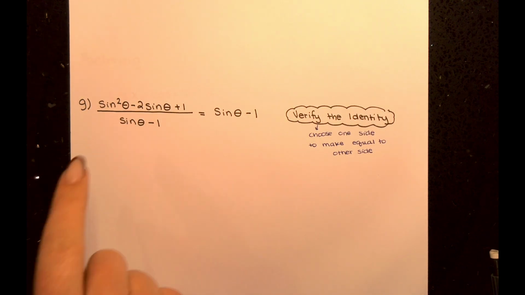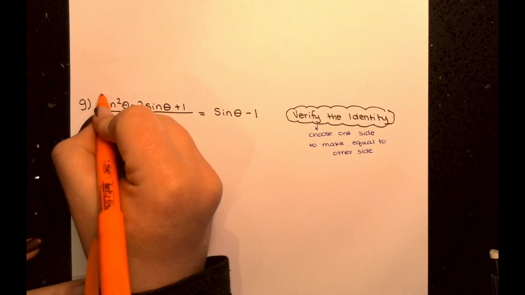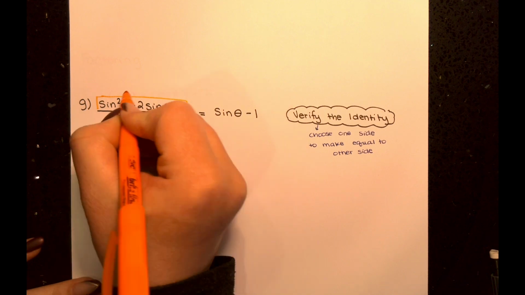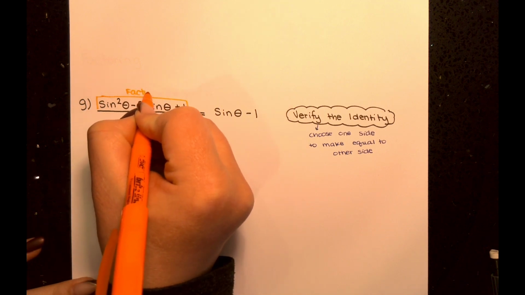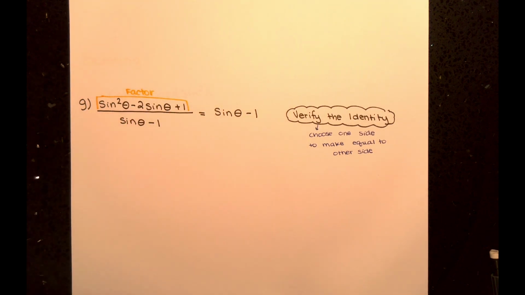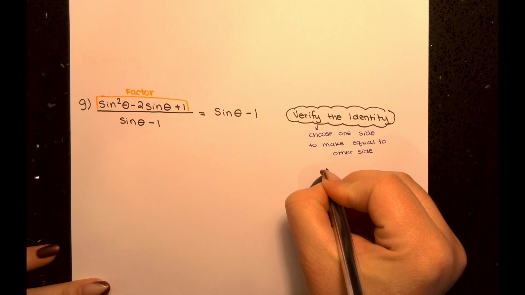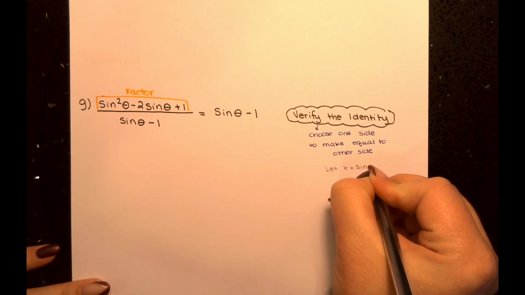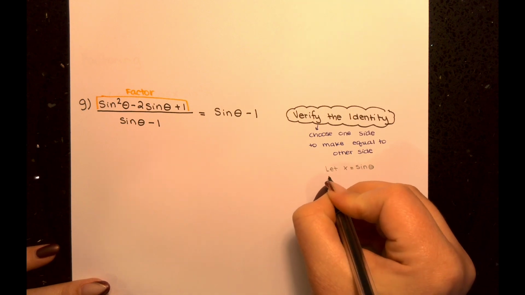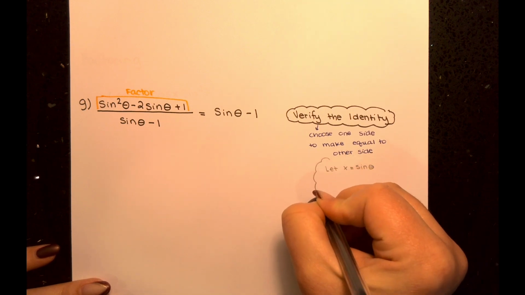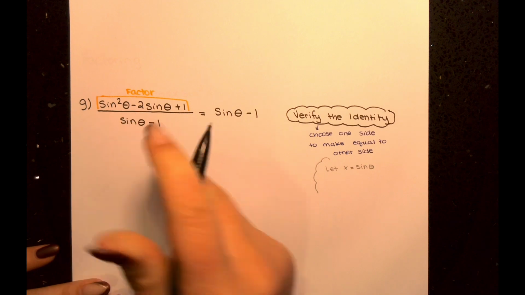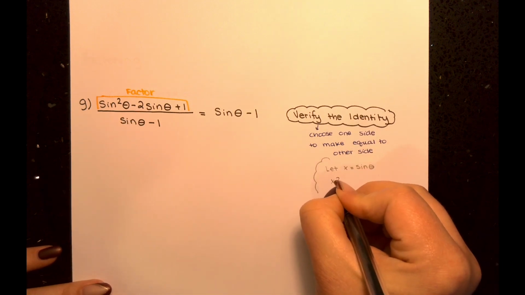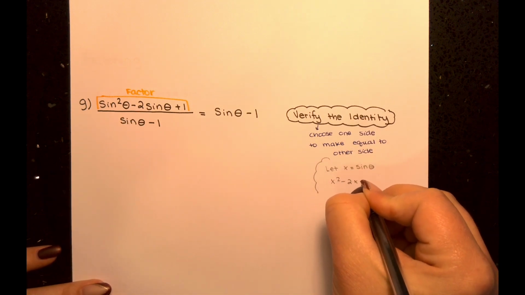Now I do see a pattern that we're going to have to factor. So it comes from the previous video that we did on how to factor. If you want to substitute x to be sine of theta for that one, you don't have to do this. This is like in a separate thinking bubble. I'm just showing you how to factor this. This ends up being x squared minus 2x plus 1.